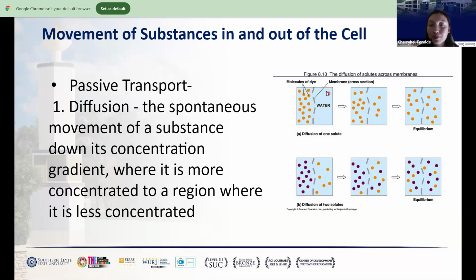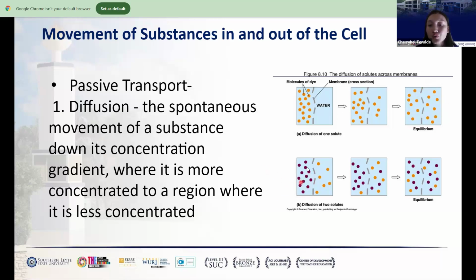In this case, it is the area on the right side where there are no molecules present. The molecules move slowly from the left to the right until the distribution of molecules on the left side and the right side becomes equal, reaching equilibrium.